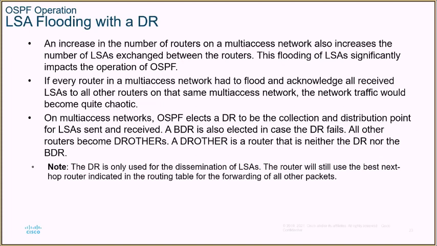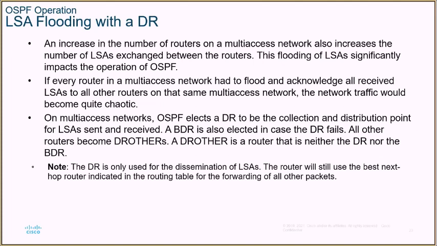That is why on multi-access networks, OSPF elects a DR to be the collection and distribution point for all those LSAs sent and received. A BDR is also elected in case the DR fails, so it can take over straight away. All routers that are neither DR nor BDR are called DR others, or DRothers. A DRother is a router that is neither a DR nor a BDR.